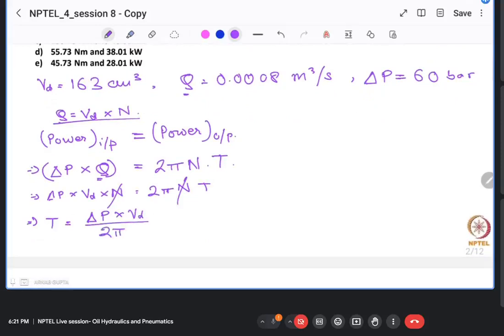So this is a direct formula. You can remember this also, or you can just apply this simple conversion and get the formula.